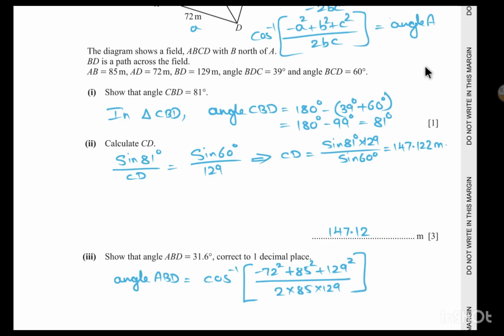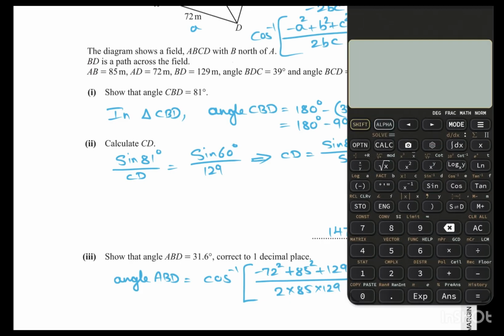Just substitute the values and we will calculate in calculator. So cos inverse of fraction button negative 72 square plus 85 square plus 129 square by 2 into 85 into 129. Yeah, that's it, 2bc.